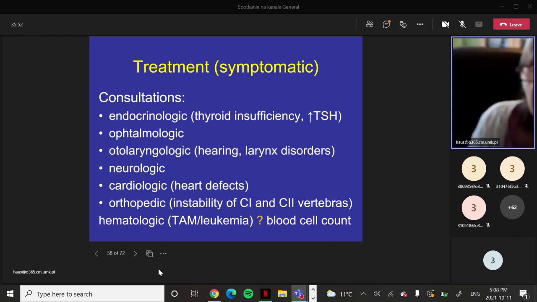In general, children with Down syndrome have muscular hypotony.